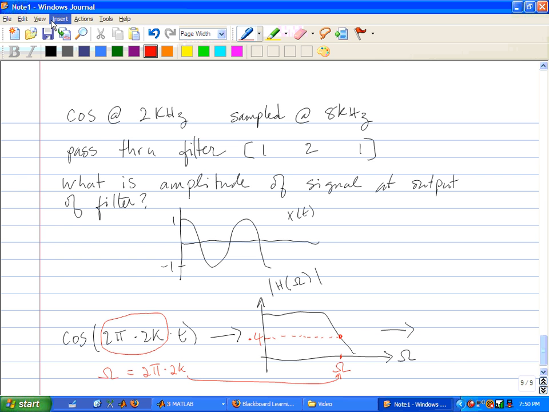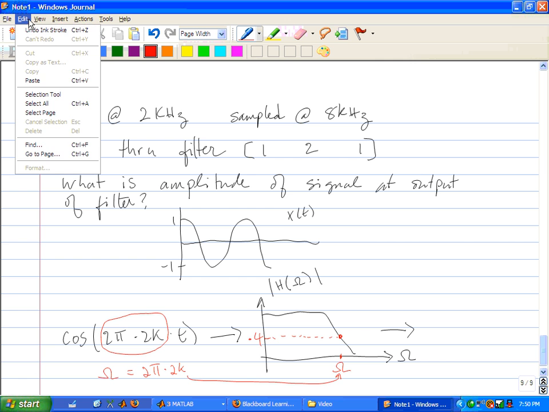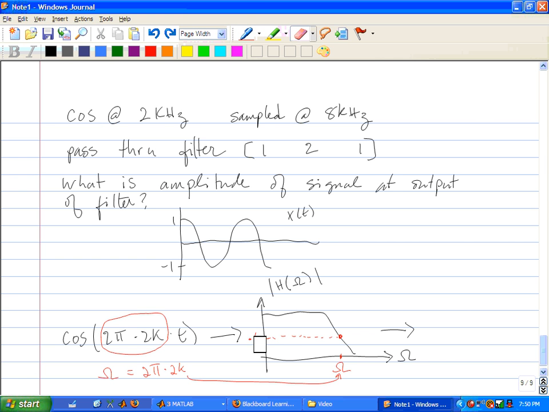Okay, the gain is, no, 0.4 is a bad value. Undo. Is that going to work? No, I'll erase it. Okay, so let's say the gain is something like 0.7 at that frequency. I would therefore expect at my output a cosine at the same frequency whose magnitude is 0.7 times whatever the magnitude of my input was, which in this case is 1.